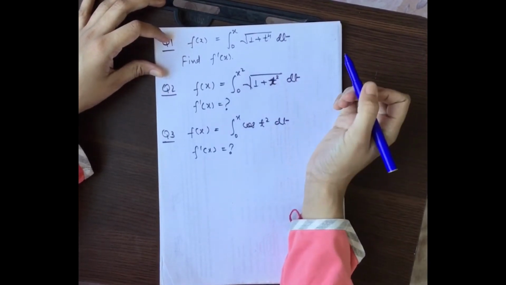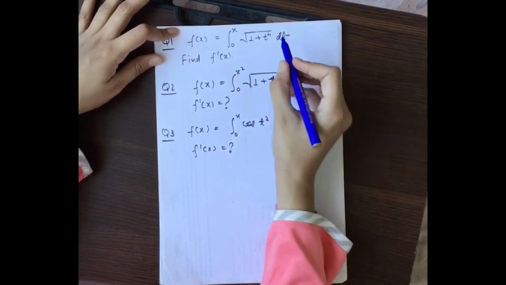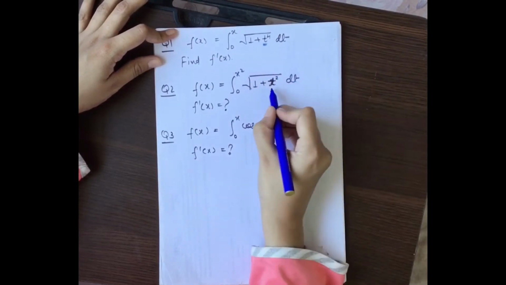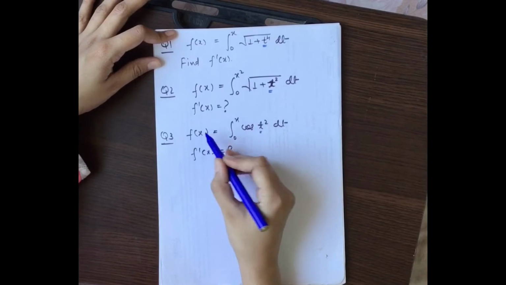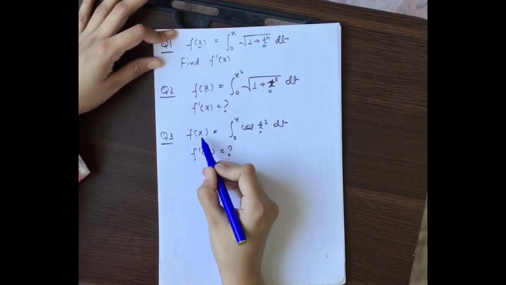Okay, so how to differentiate when you have t in the question and you have to differentiate with respect to x?